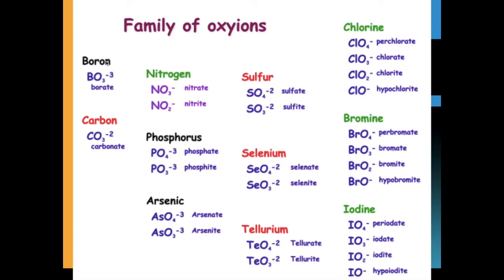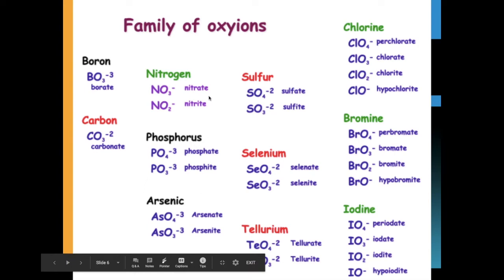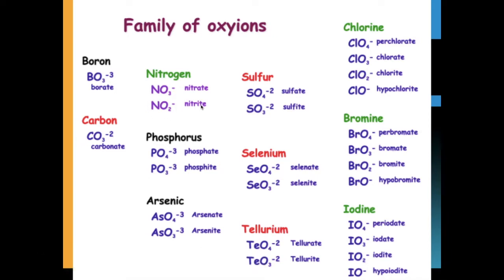All right, so now here are some examples of polyatomic ions. First thing, if we only have one possible polyatomic ion, like for boron and carbon, then we're just going to give them ates, okay, ATE. If we have 2 possibilities, like nitrogen, phosphorus, arsenic, sulfur, selenium, and tellurium, the one with more oxygens is going to take the ate, and the one with less oxygens is going to take the ite, okay?